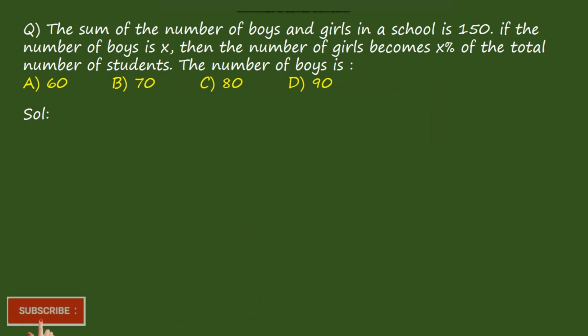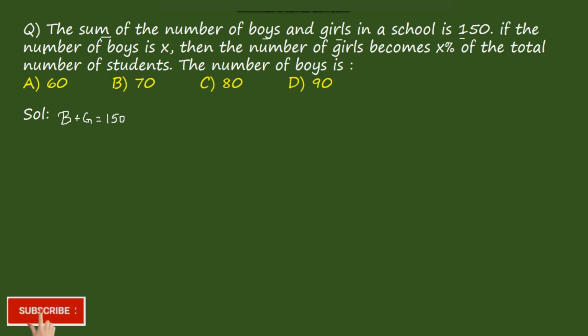The sum of number of boys and girls in a school is 150. If the number of boys is x, then the number of girls becomes x percentage of the total number of students. The number of boys is, first we understand the question. They're saying that the sum of number of boys and girls is 150, right? So consider boys plus girls is equal to 150, right?